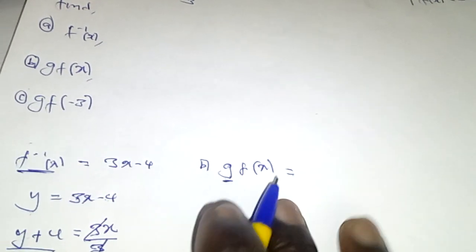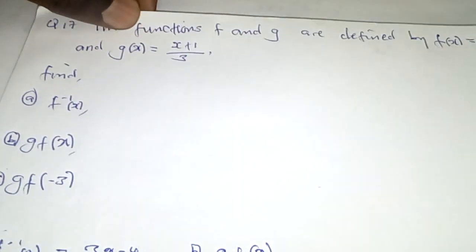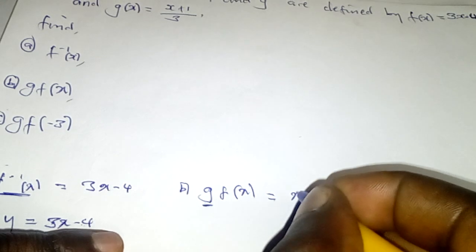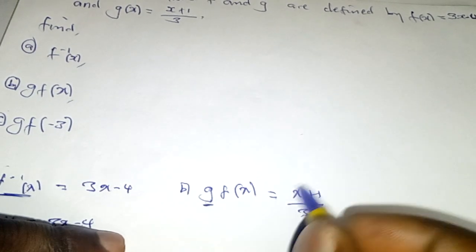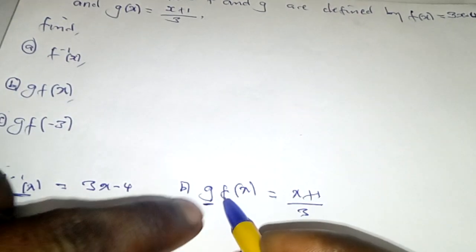The function for g is x plus 1 over 3. So I'm going to write it here: x plus 1 over 3. Now in this function, where there is x, we are going to insert the function of f.